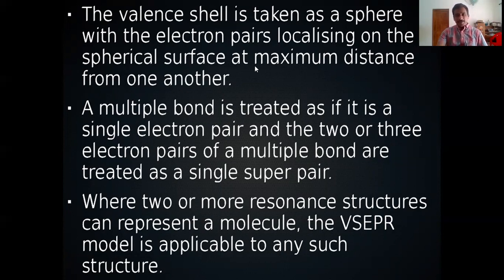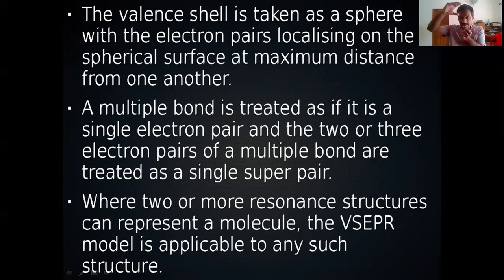To represent the arrangement of electrons around the central atom, the valence shell is taken as a sphere, with the electron pairs localizing on the surface of the sphere, at maximum distance from one another.